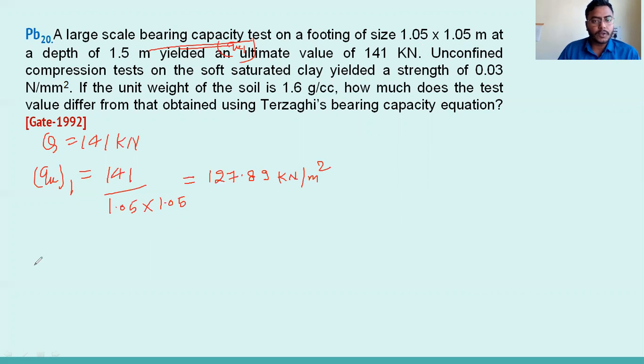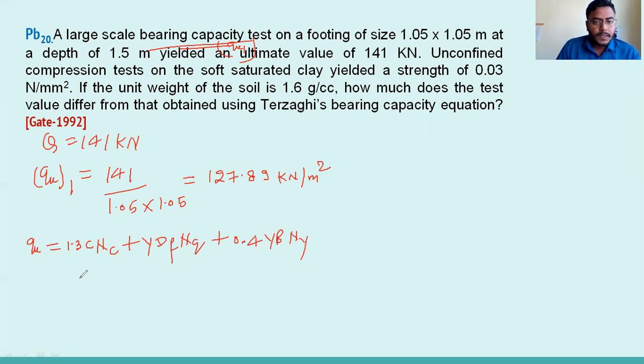Now let's go for the ultimate bearing capacity from Terzaghi. Let's write the general expression, and the shape of the footing is square. So for the ultimate bearing capacity in Terzaghi theory, for the square footing, we can write 1.3 c Nc plus gamma Df Nq plus 0.4 gamma B N gamma.